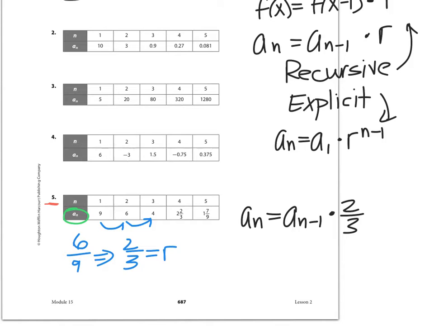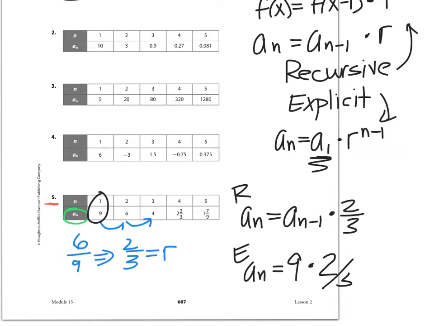My explicit rule for this one is a sub n equals a sub 1, my first term here is 9, so 9 times r, which is 2/3, to the n minus 1 power. Now, because that's a fraction, you'll want to put that in parentheses.